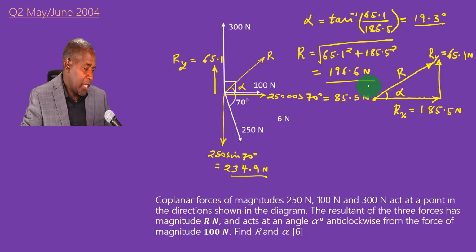Watch for some of the things which give you clues in the question. Look at the diagram, the arrangement of forces. Are they horizontal and vertical, or along the incline or perpendicular to the incline? Or is there a force which is deviating from that?